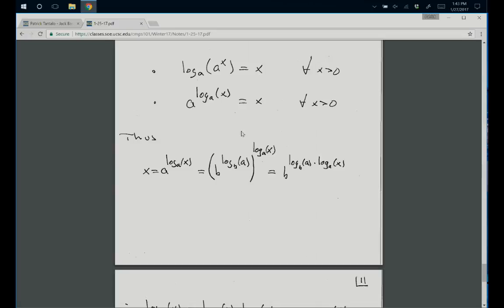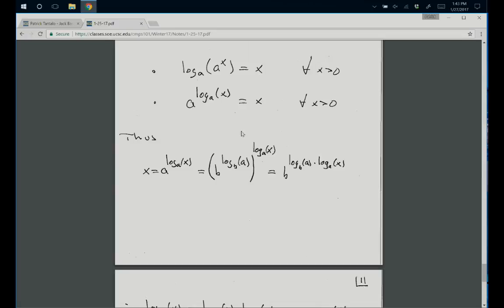But the thing in parentheses is just a fancy way of writing x. So I get a to the log base b of x equals x to the log base b of a.